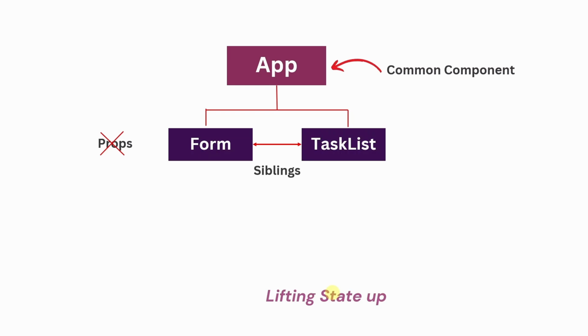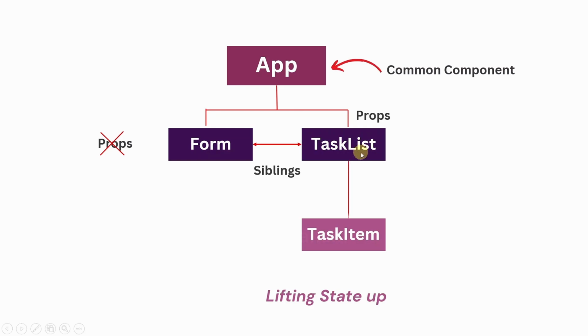Once the parent has the state data, that data can be passed to child components using props. So from app, I can directly pass the data to task list using props. But inside task list I have task item, and basically inside task item I just want to render my LIs.